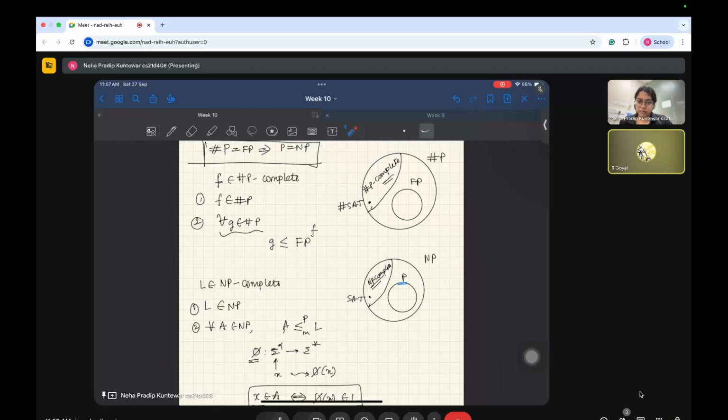So if I have a DTM with oracle access to f, then I should be able to compute g of x in polynomial time. The kind of queries you will make is you will send an x and it will tell us the value of f of x. Using that, we will compute the value of g of y, some other.